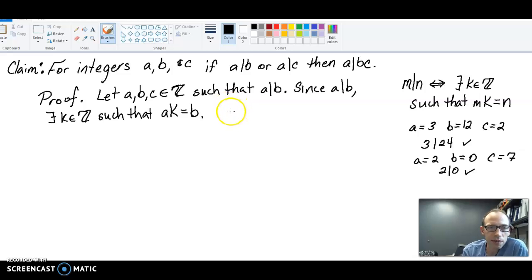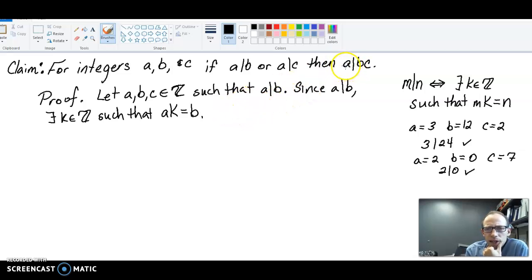So since a divides b, we know this integer, and now I start to think, okay, what's the finish line? How do I know when I'm done? Well, if I have a times some integer equals bc, then I'm done because I've shown that I met the original statement, and then I was able to show that the then part was true. So how could I do that?